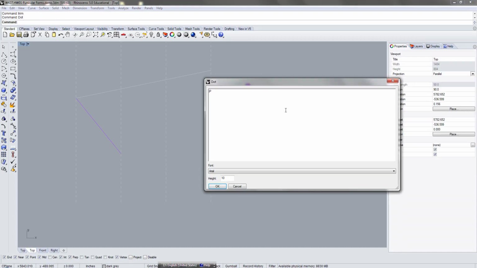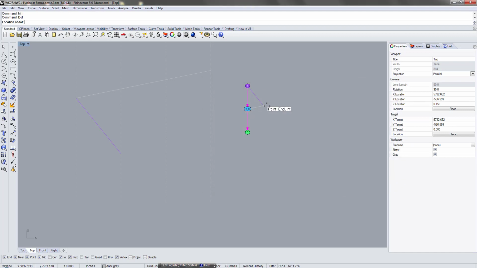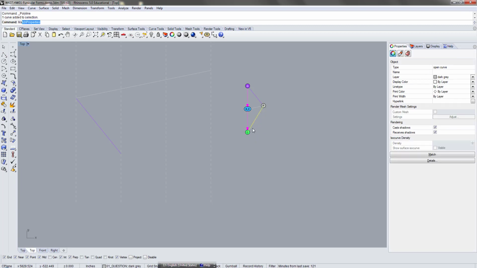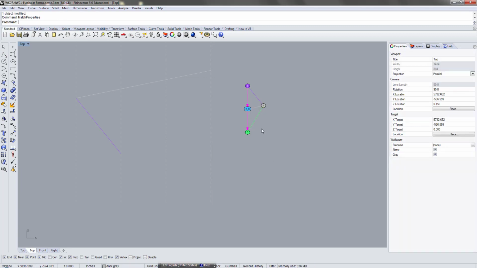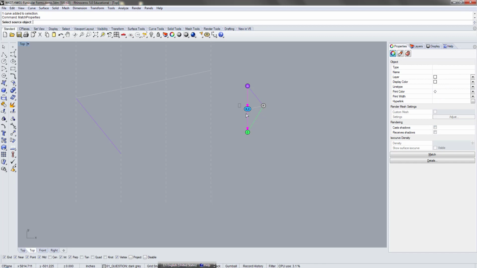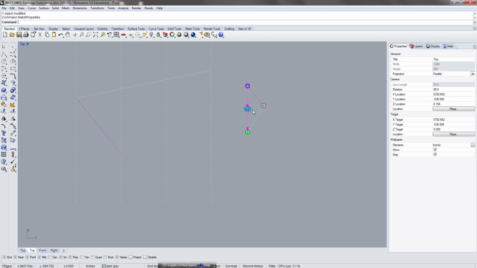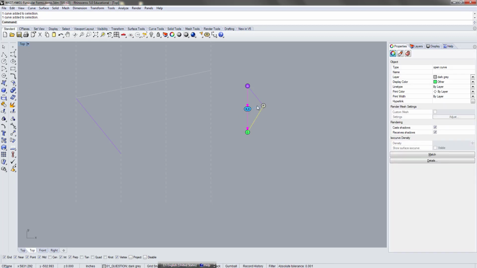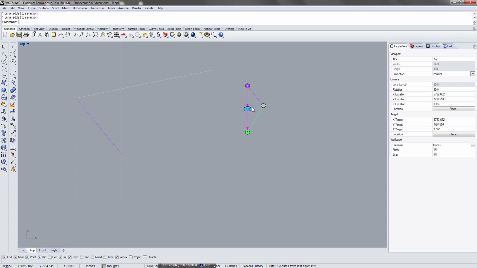I'm gonna call that point P, and now we can connect point P with all the other points.